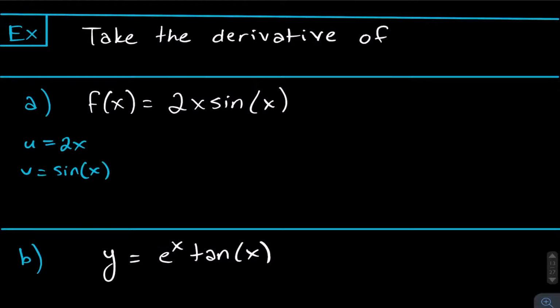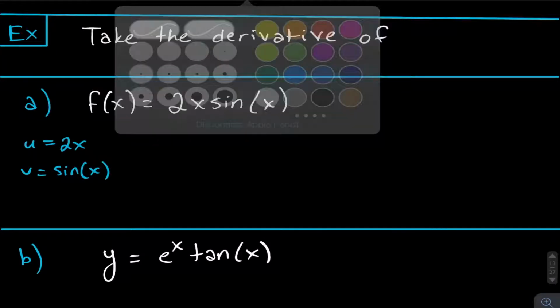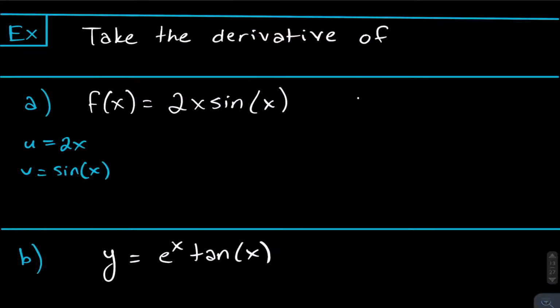Remember that the product rule states that the derivative of uv is just u prime v plus v prime u. That's a lot nicer to say than the other one.